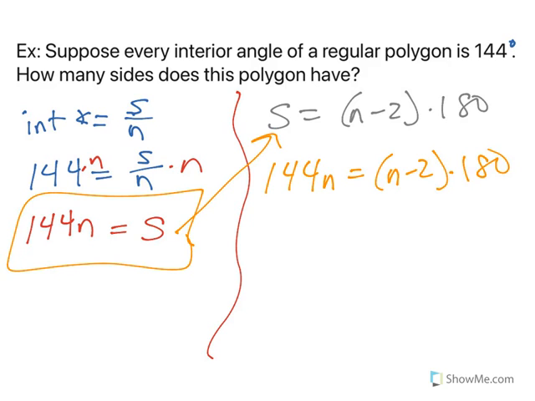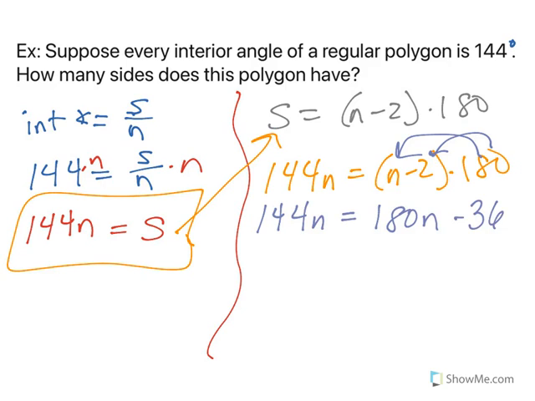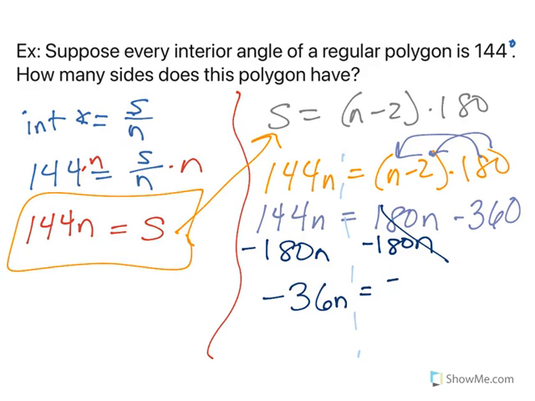Similarly to what we just did, we can distribute that 180, so 144n equals 180n minus 360. Now, because I have n's on both sides of the equal sign, I want to get them all on the same side. I'm going to subtract 180n from both sides. 144 minus 180 gives me negative 36n, and I have negative 360 left on the right side.